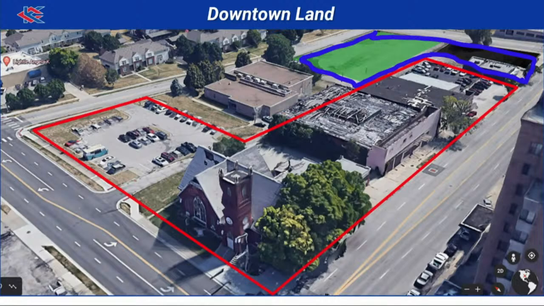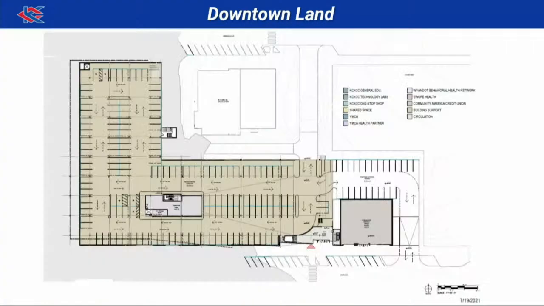So eventually we can envision that the entire block will belong to KCKCC on the ground level, and any buildings that are brought up would belong to the association. So a lot of really good news and some really good conversation going on. So that's a very big deal for the project.